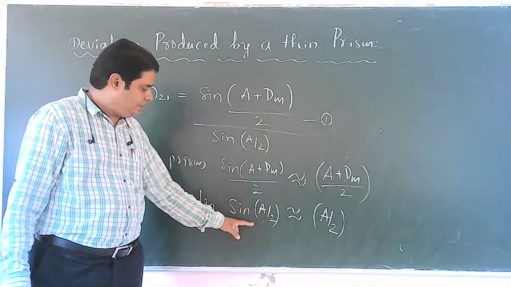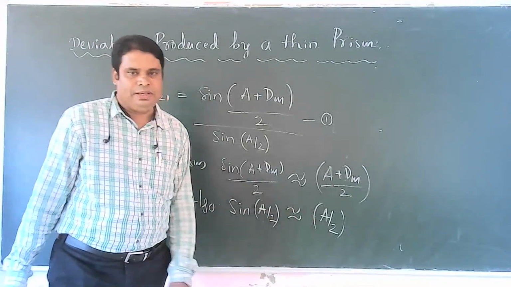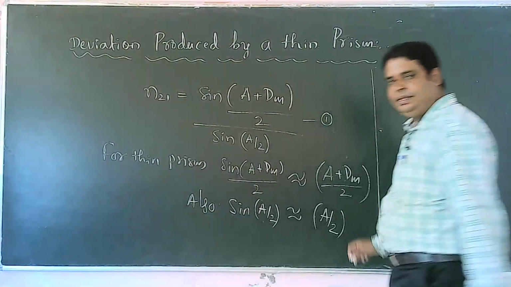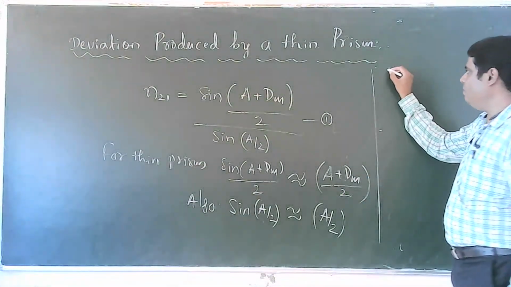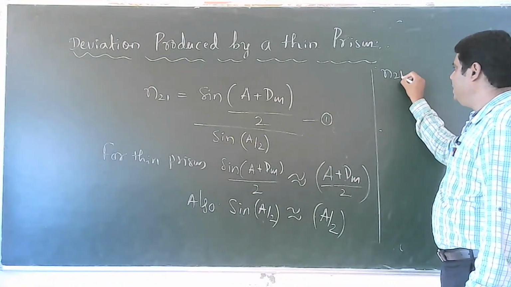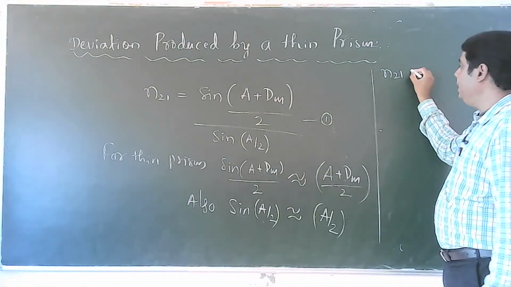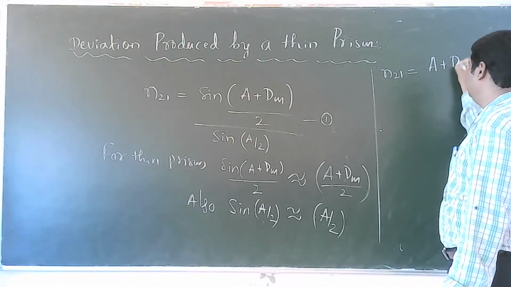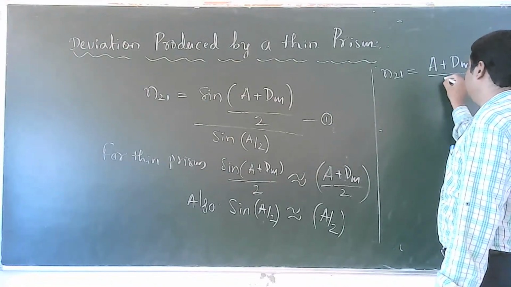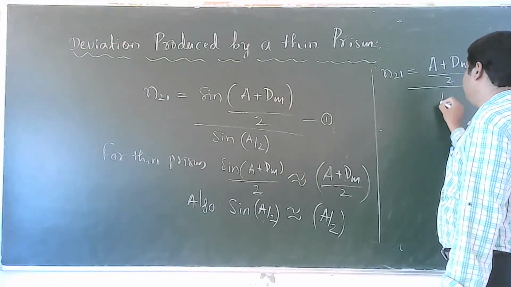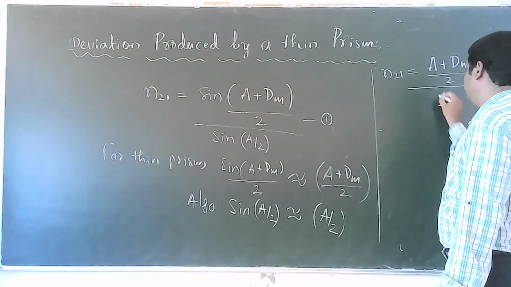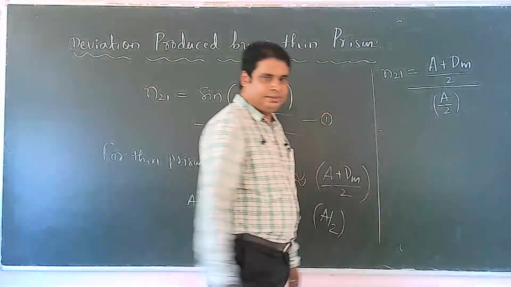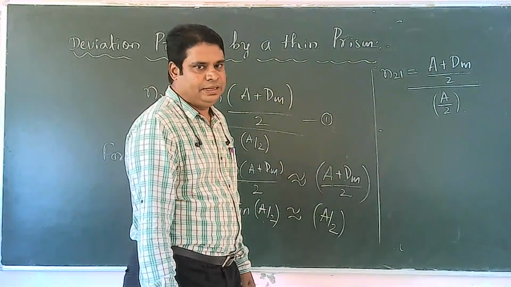Here sin A by 2, neglecting the sine, gives A by 2. If I write this in equation 1, I get n21 is equal to (A plus dm) by 2 divided by A by 2.